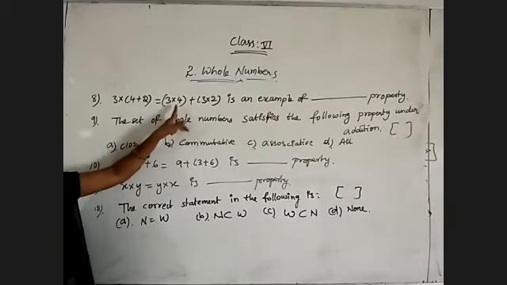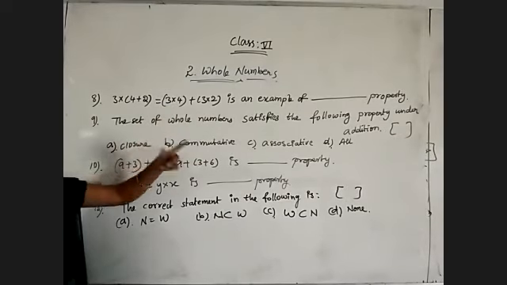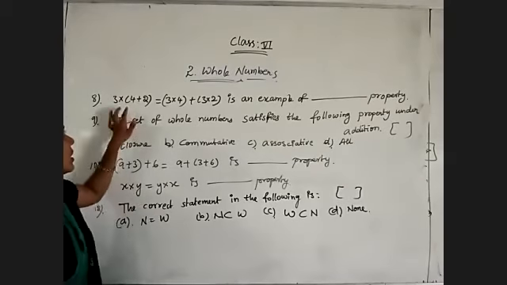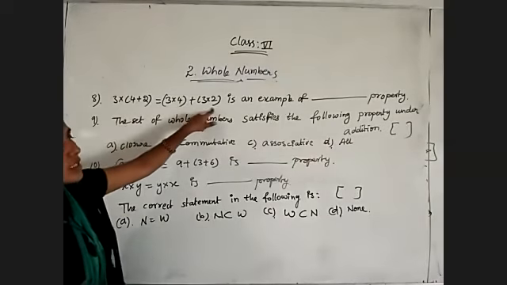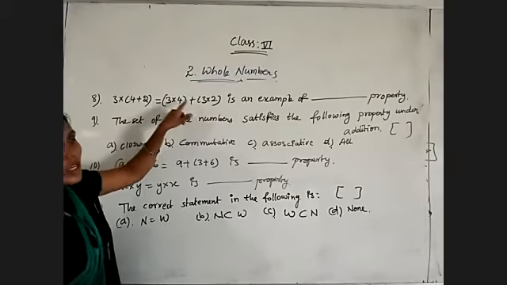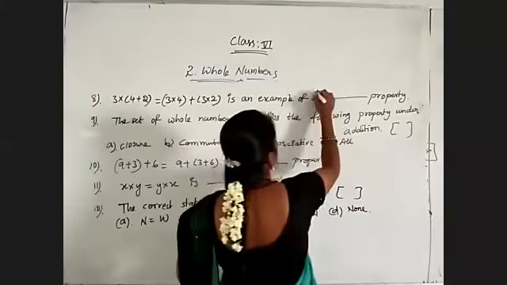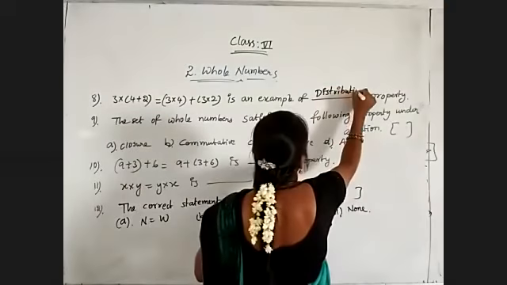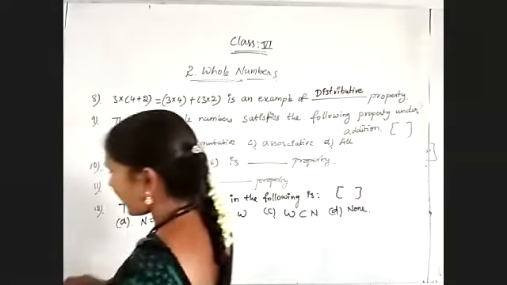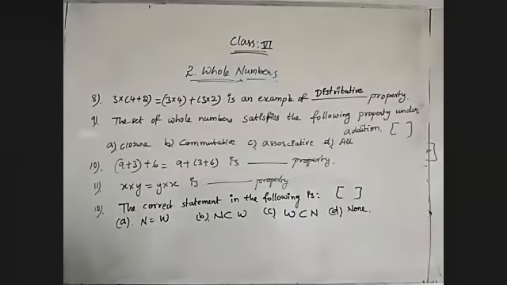Like these terms we will not get. So the remaining one: 3 is distributed over 4 as well as 2 under addition. So it is distributive property over addition. Distributive property.